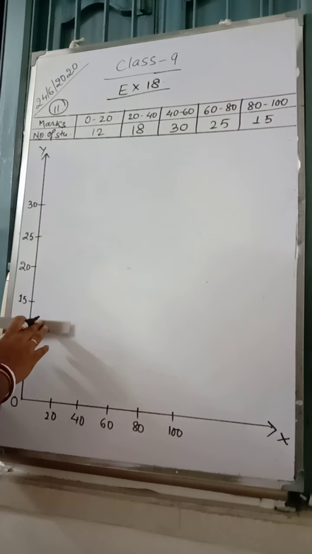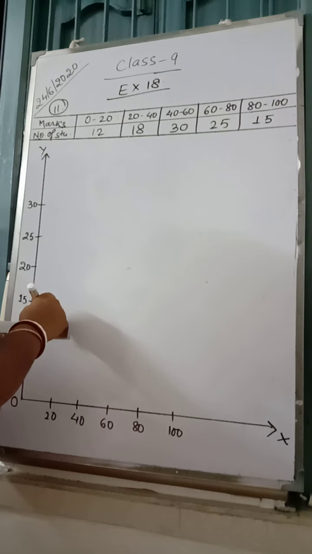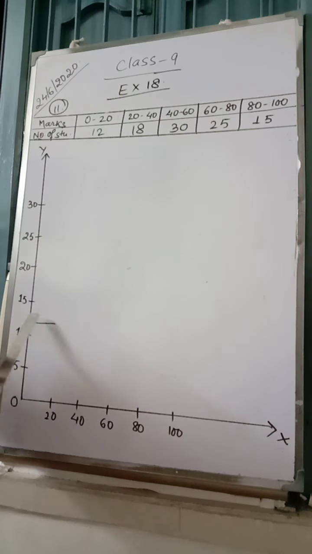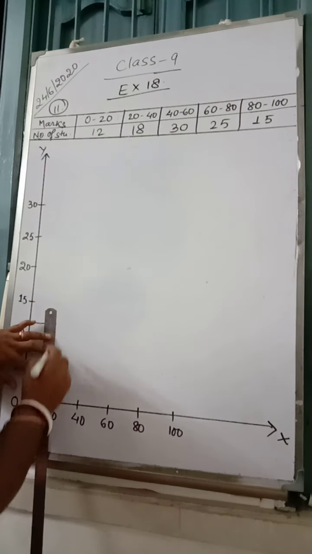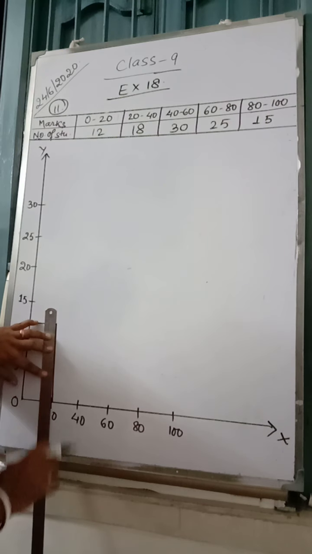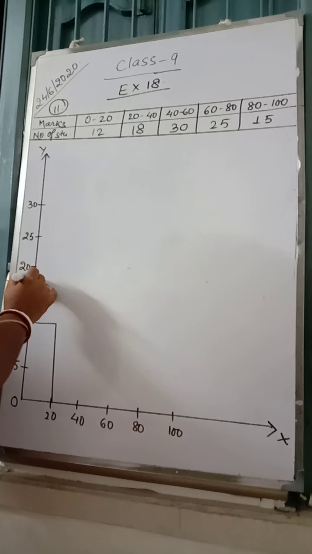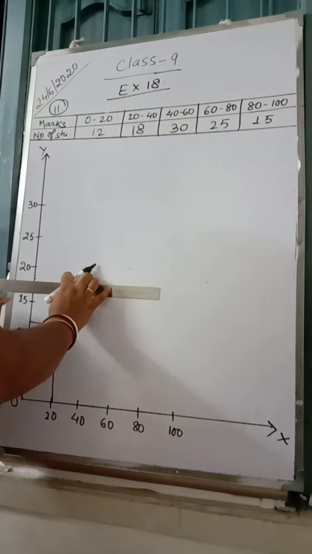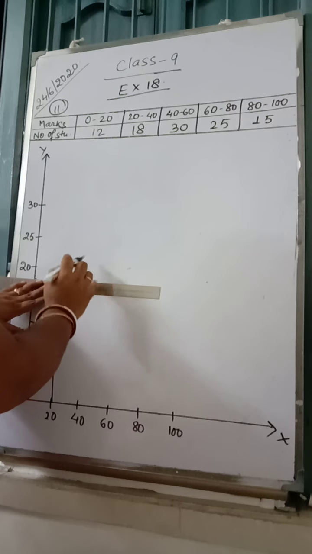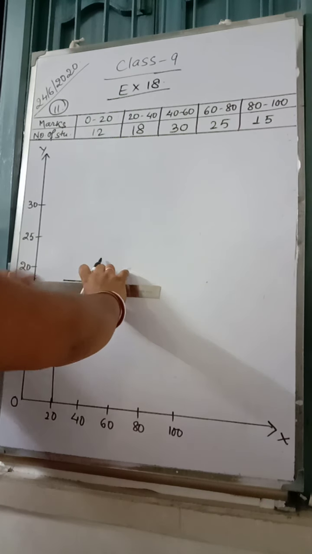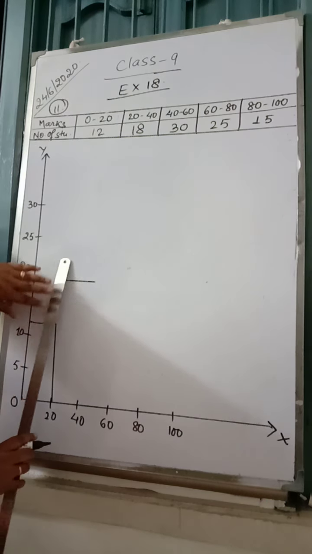So just see, we will draw. Next we have 18. So that will be here somewhere. So this line I will be increasing.